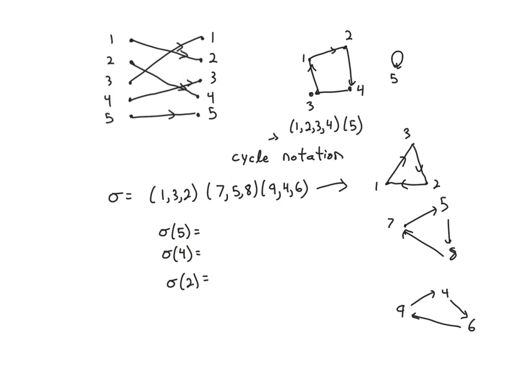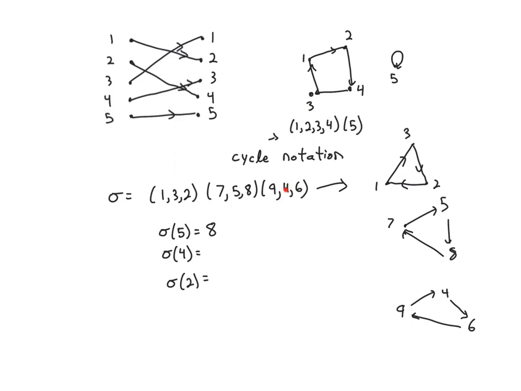Of course, once you have cycle notation, how do you compute the function values? Well, what's sigma of 5? Well, 5 goes to 8, so sigma of 5 should be 8. How can I tell that from the cycle notation, though? Well, I locate which cycle 5 is in, and I look at the next value to the right. So sigma of 5 is 8.